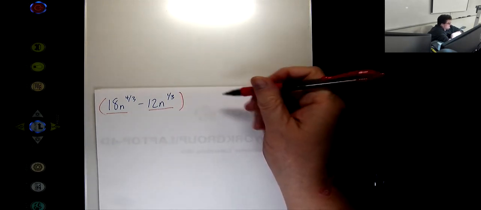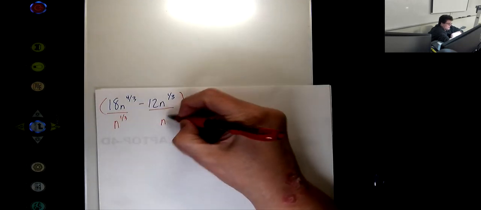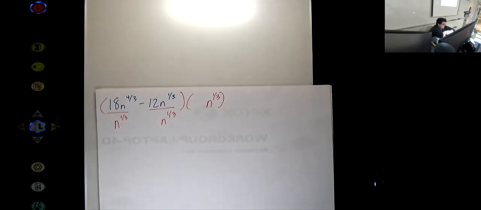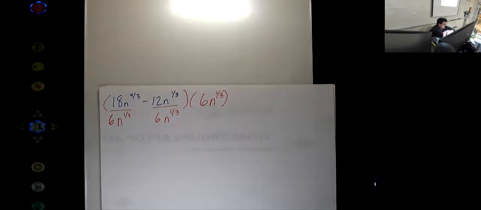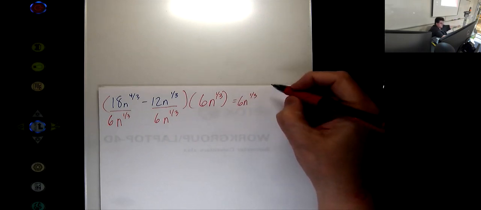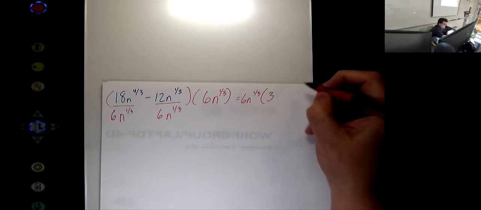What is the lowest exponent on each of these? 1/3. So we're going to do n to the 1/3 on both of them. And what's the greatest common number between 18 and 12? 6. So I will have 6n to the 1/3. 18 divided by 6 is 3.